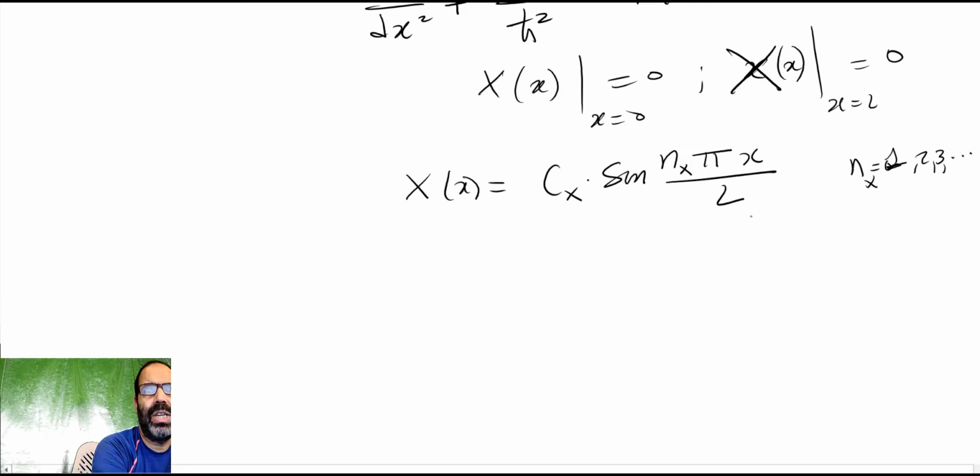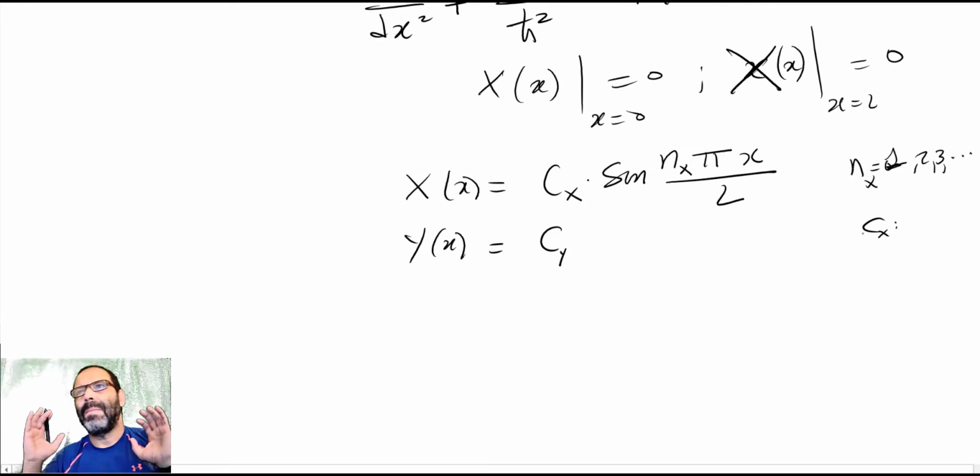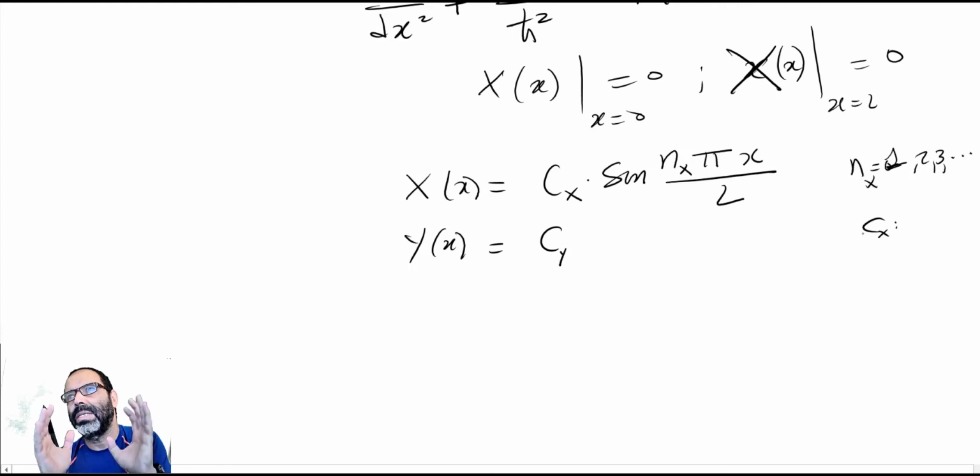And the same way, if I treat the other two, I will find that Y of y, the only way that this is satisfied, is with another constant. So this Cx is just a constant, and we're going to choose it so that it meets the normalization condition, that we have to find the particle somewhere inside the volume, basically inside the cube.